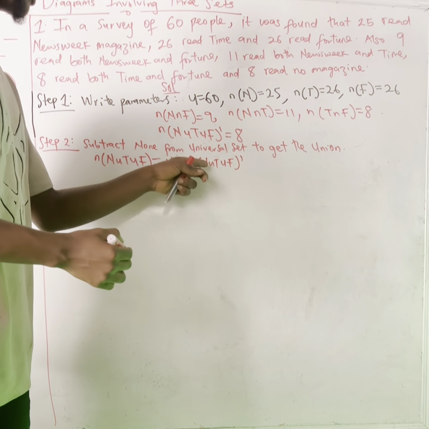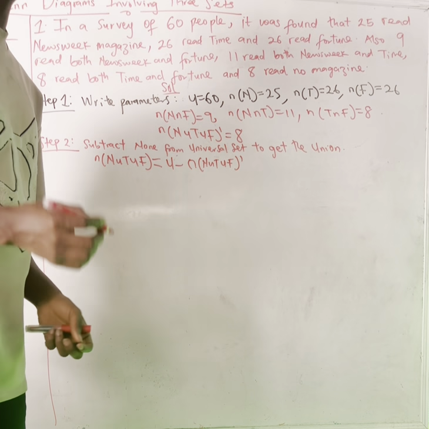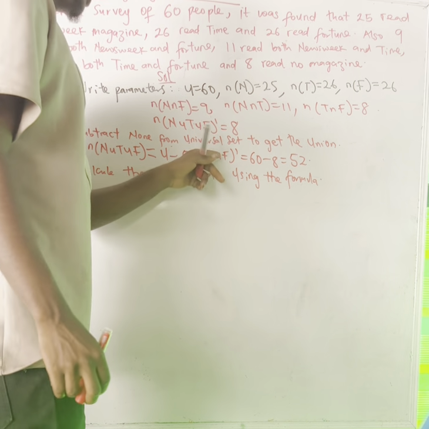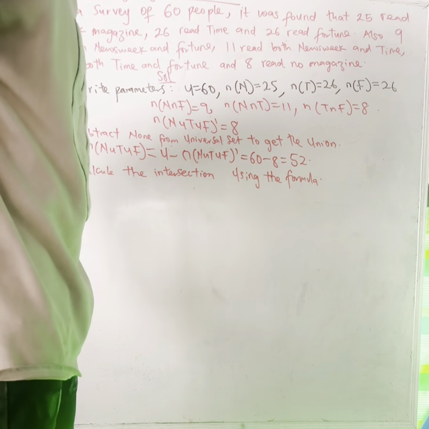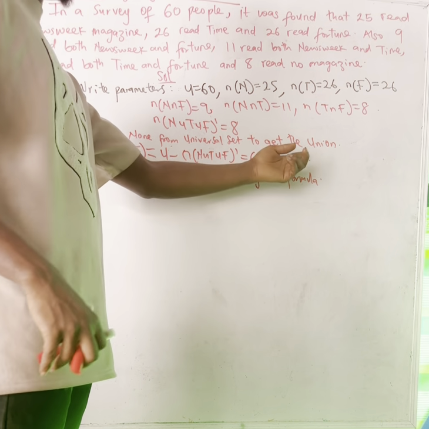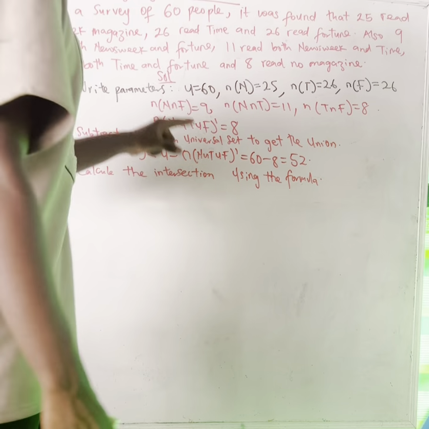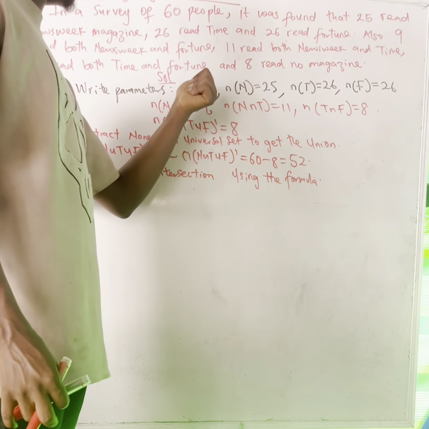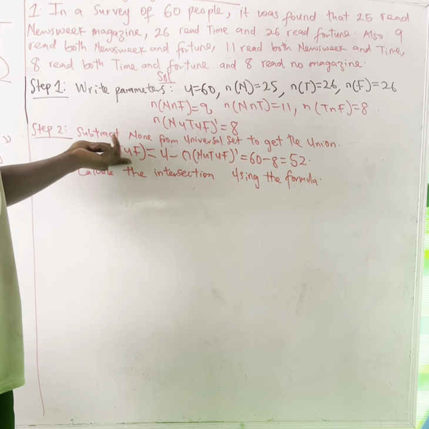This N union T union F complement simply represents the none. So I'm going to subtract the none from the universal set. I got 52. So take note, if in the question there is none, you subtract it from the universal set to get your union.